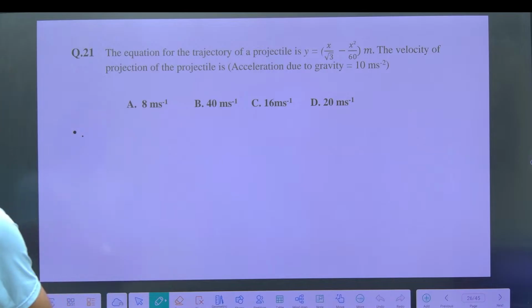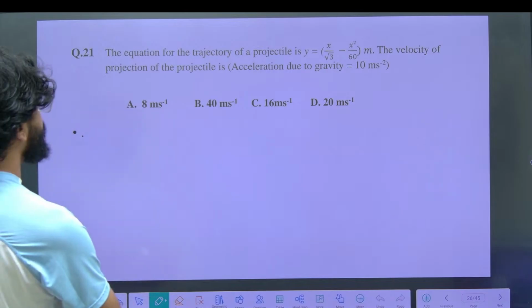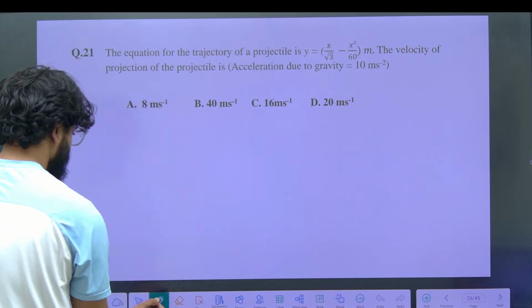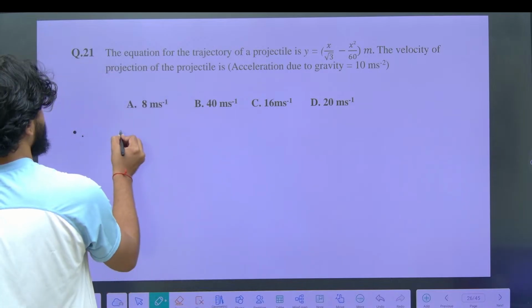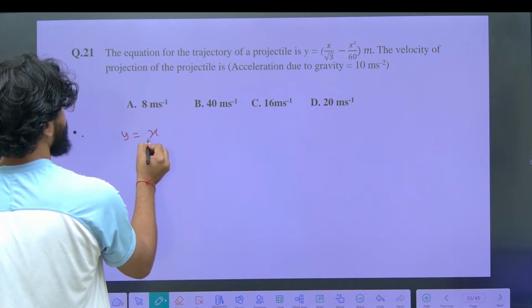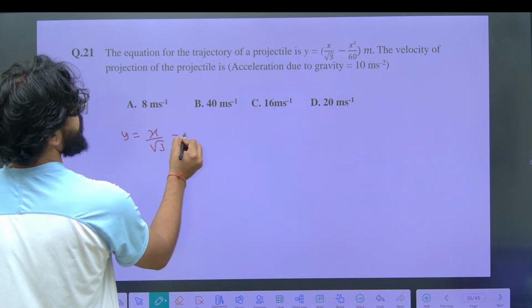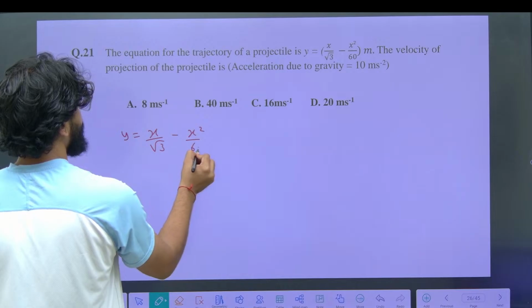The velocity of projection of the projectile is, so it's a very easy question, right? y is x by root 3 minus x square upon 60.